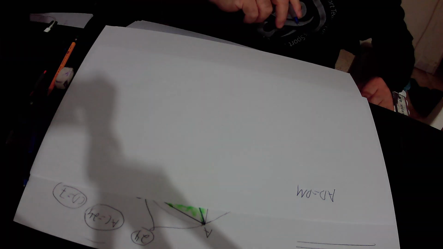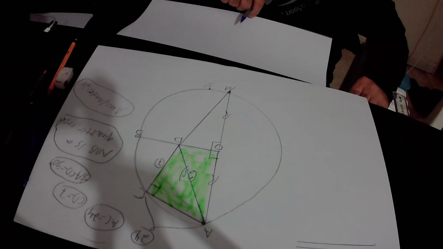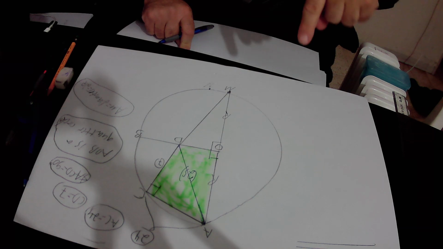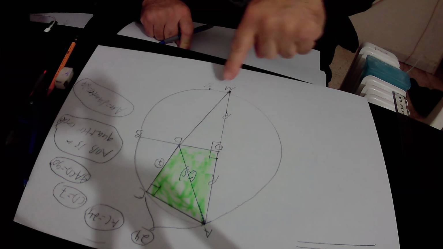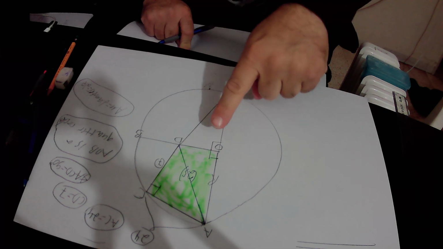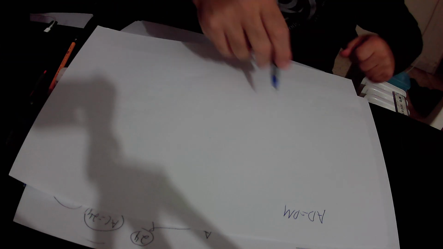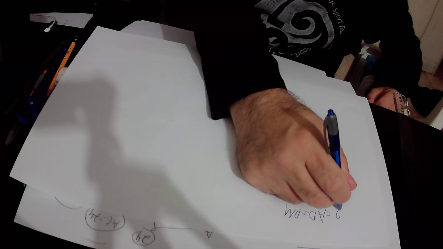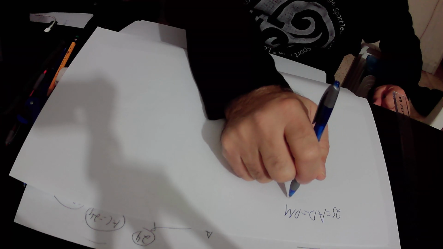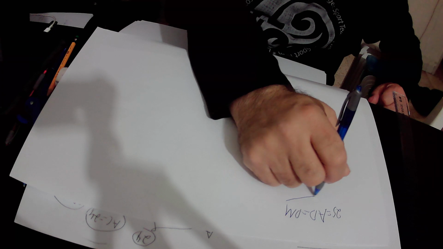AD equals DM according to the rule that corresponding sides in congruent triangles are equal to each other. Those two triangles can go into each other, therefore the two corresponding sides AD and DM must also be equal to each other. But AD equals 25, so we can write here that AD equals 25 units in length, according to what we already found in the beginning of the solving of this problem according to the second method.